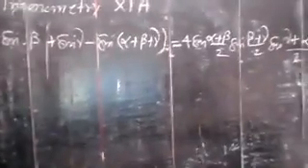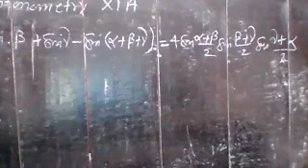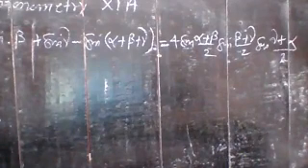You have to prove that result. Note it. You have to prove 4 sine (alpha plus beta) by 2, sine (beta plus gamma) by 2, sine (gamma plus alpha) by 2.